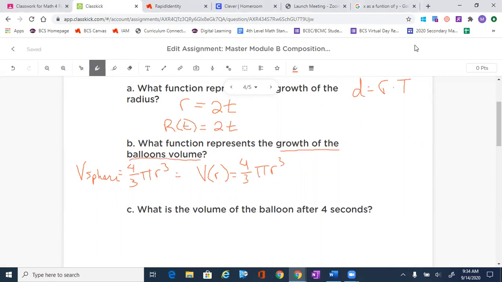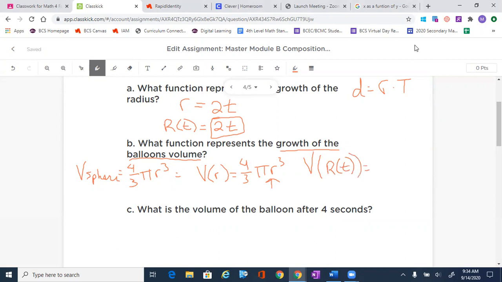But what we're looking for is a function that represents the growth of the balloon's volume, which we know is determined by the radius. We also know that the radius is determined by time. So the volume of the balloon is based off the radius, which is based off of time.